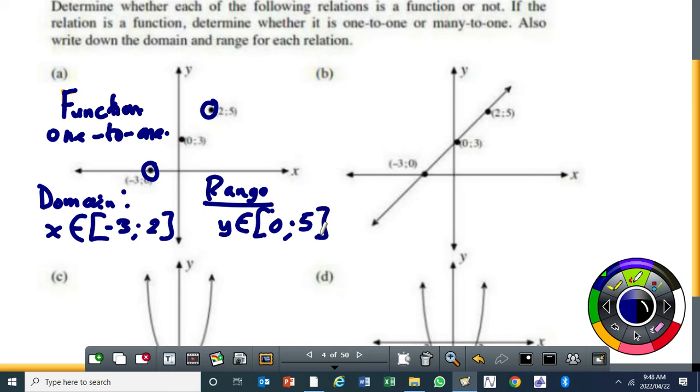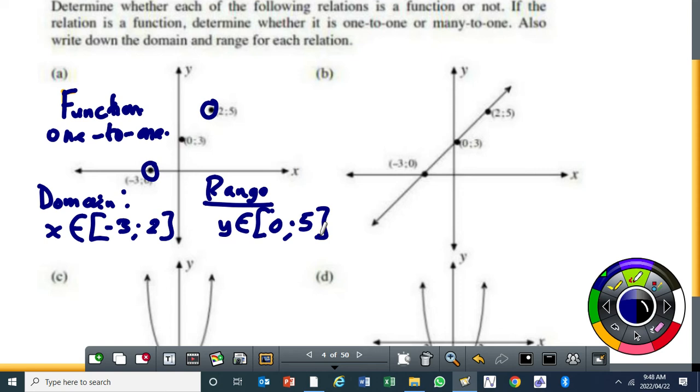Please be aware that the first graph here is not a graph, these are just points on the Cartesian plane. But if you join them, you end up having a graph.